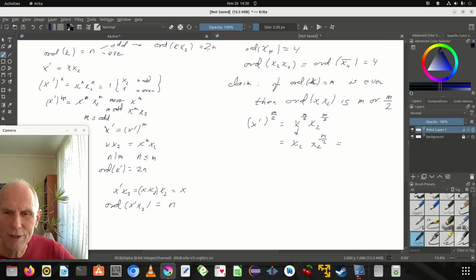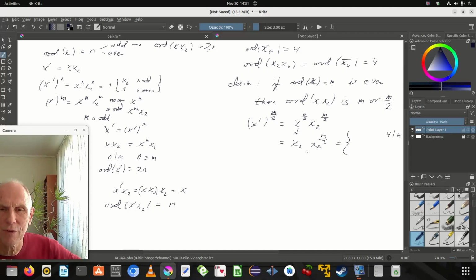So now I can see it, m even and m odd. In case m is even, oh no, it's more complicated than that. Of course m is even, that's the prerequisite. So it's m halves being even, that's 4 divides m.